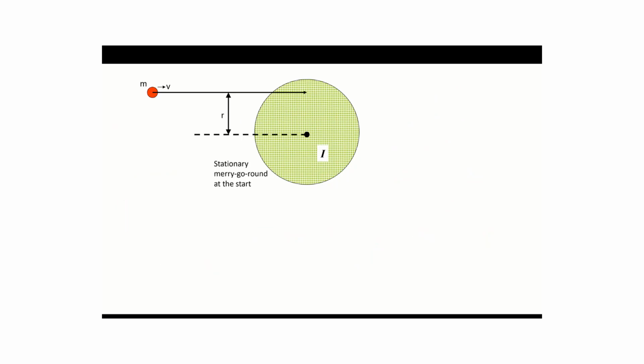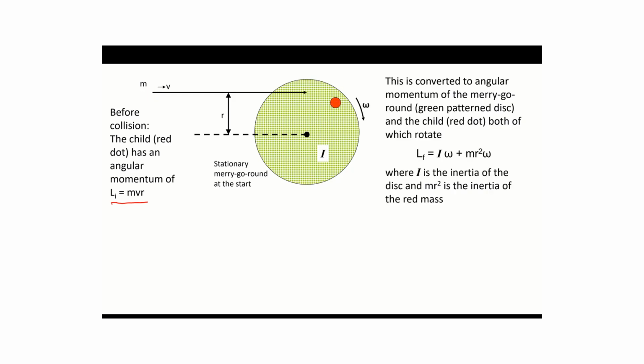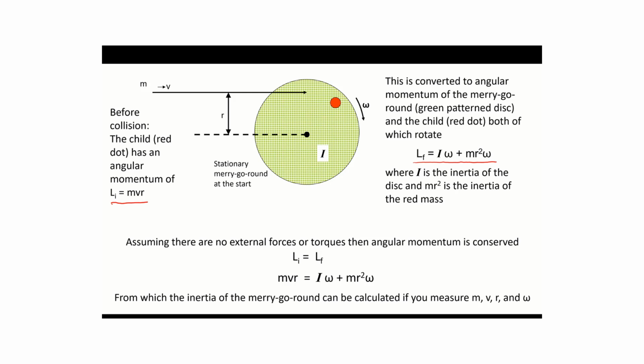So let's look at this in summary. Here we are, the angular momentum at the start. After they've collided, we've got the angular momentum finally. So we can equate these two momentums, assuming there are no external forces or torques.